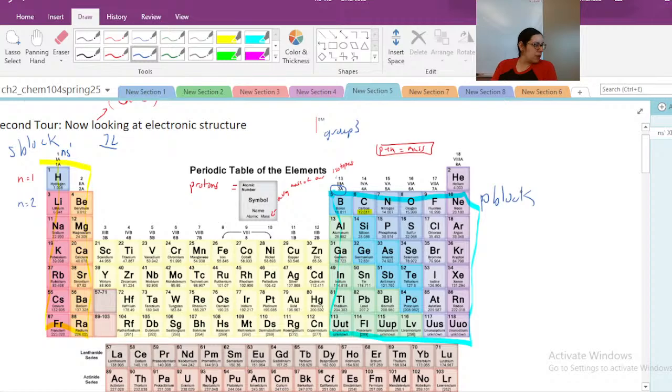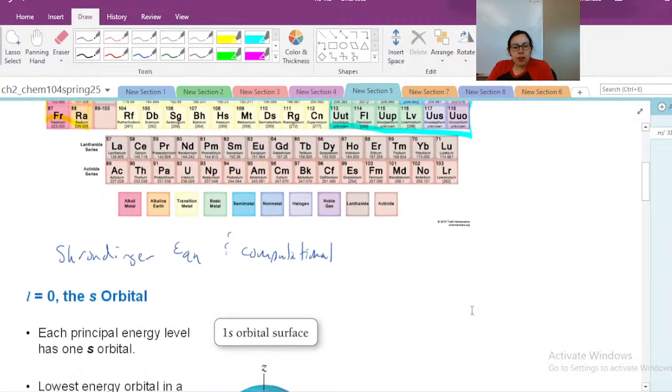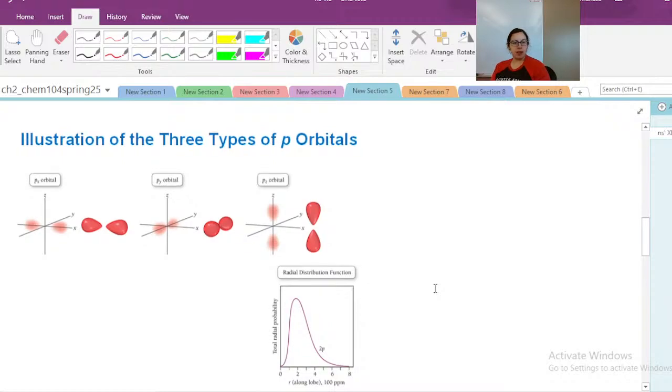All right, so let's note some things about our p orbitals. If we scroll back down here, it told us that there were 3 types of p orbitals. So x, y, z, so 1, 2, 3. And then each one of these suborbitals can hold 2 electrons. And so that means we have 6 electrons total in our p orbitals.